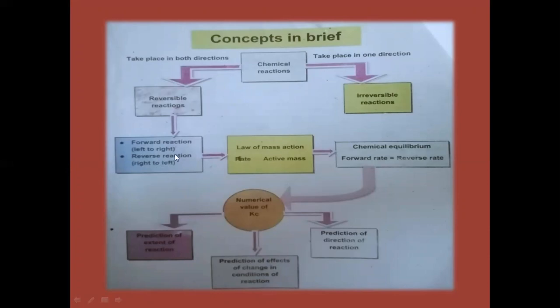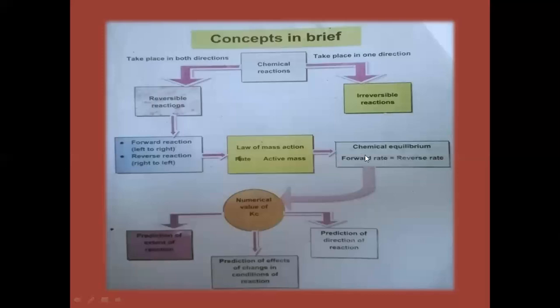Then for this reversible reaction, we have a law which is called the law of mass action, and according to this law, a reversible reaction reaches a state which is called the chemical equilibrium state. At that chemical equilibrium state, the rate of forward reaction becomes equal to the rate of reverse reaction.